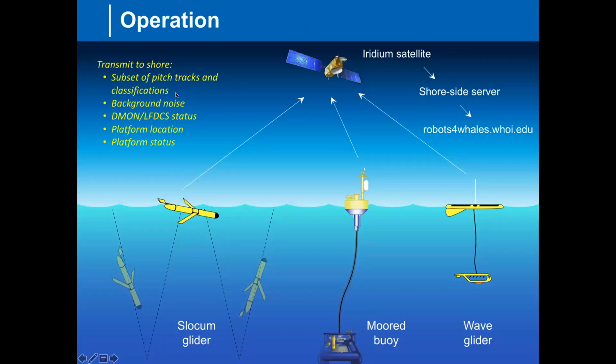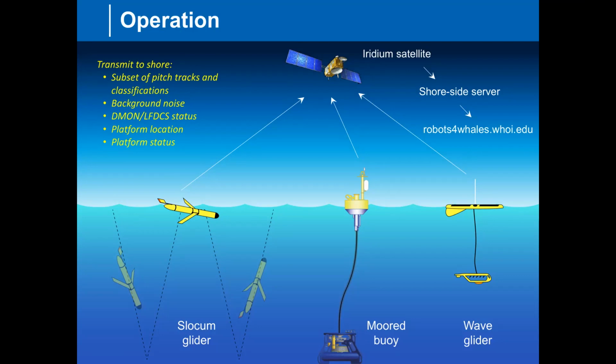We don't send all of the pitch tracks home, because if you had a humpback whale singing right next to your glider, that's going to be really expensive. All those pitch tracks are going to go through the Iridium satellite system, and Iridium's going to rack up the charges because you're going to be on the system for a long time. If you have a humpback singing next to your glider all month long, you might have a $10,000 Iridium bill.